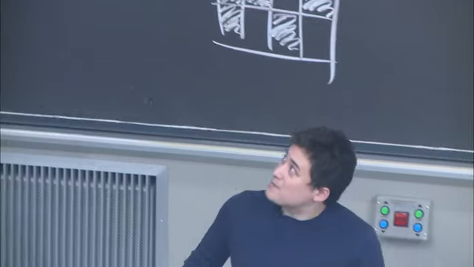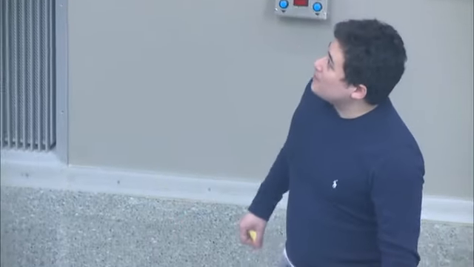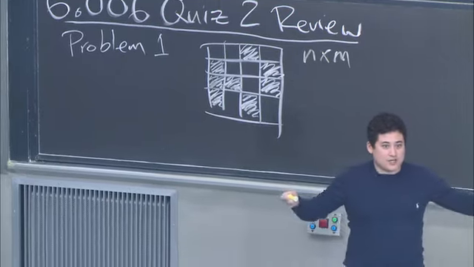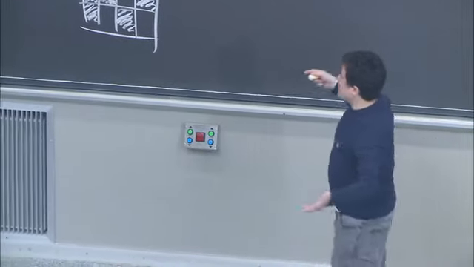And then it says that black pixels are not in any blob. I'm given an n by m array. I never remember which one comes first, but we have dimensions of this thing as n by m. So we have n times m pixels. And so we're describing essentially a linear time algorithm to compute the number of blobs in the image. Why do I say linear time? It's because for every pixel in my grid, I needed to give you a specification of whether that was white or black.